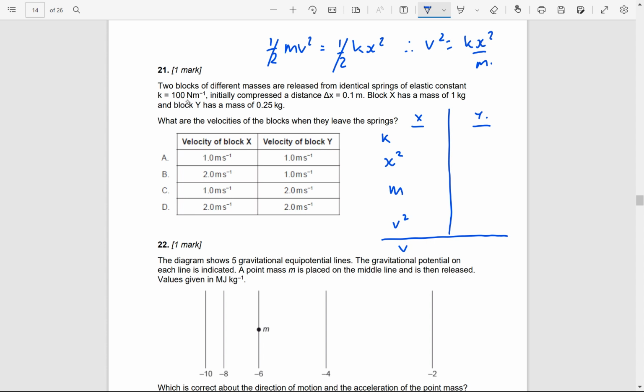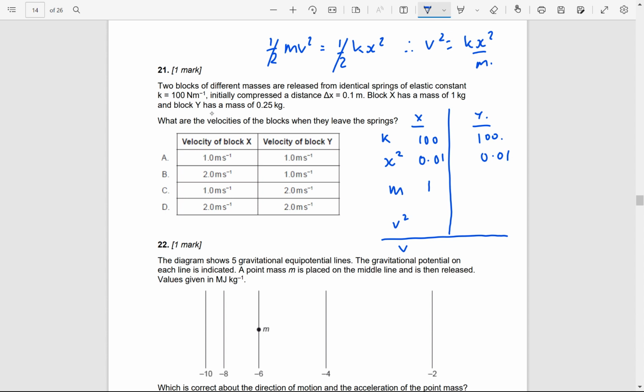So we know that the elastic constant for both springs is 100, and they're initially compressed to a distance 0.1. So x squared, 0.1 squared, is 0.01. Be careful.